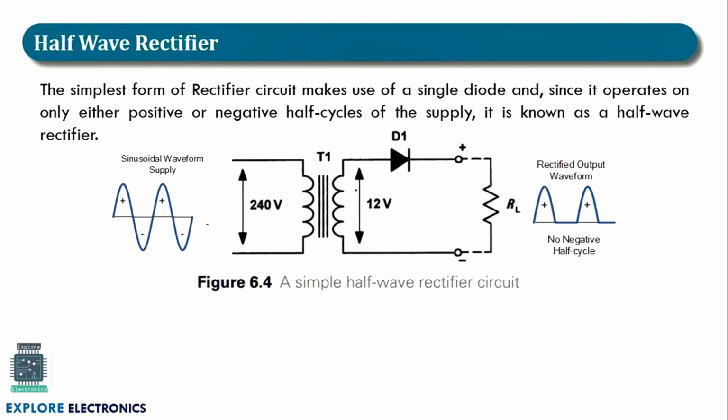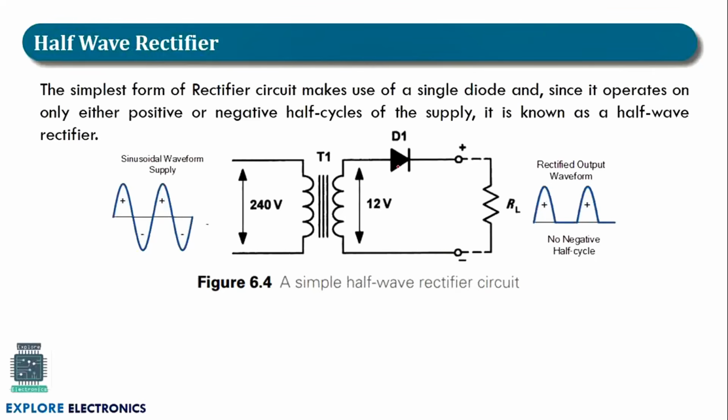And at the secondary coil, we are going to get an equivalent 12 volts, meaning this is a step down transformer. It is reducing the voltage from 240 to 12 volts. And we are connecting that to the diode D1. As we know, diode D1 conducts when it is forward biased and diode D1 is off, or not conducting, when it is reverse biased.